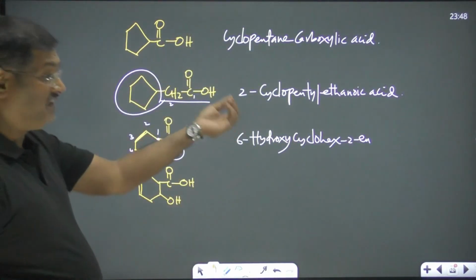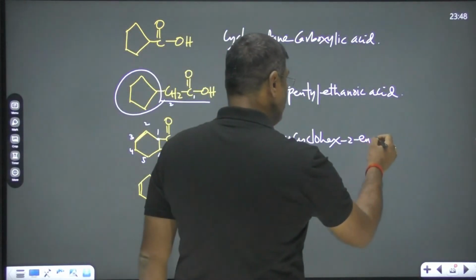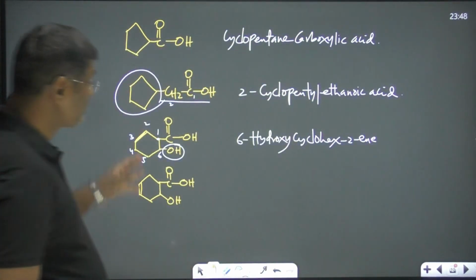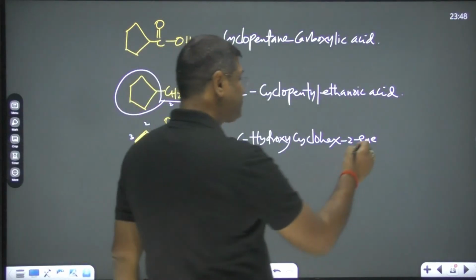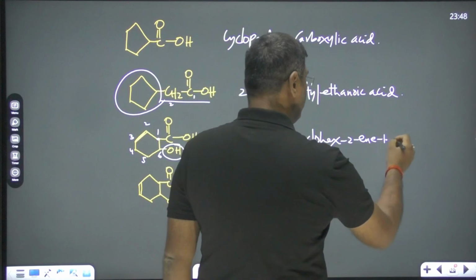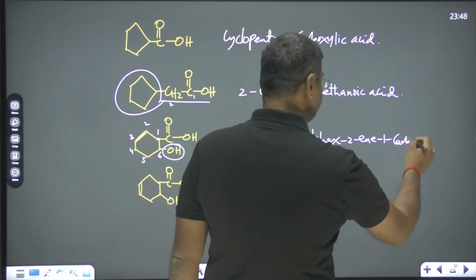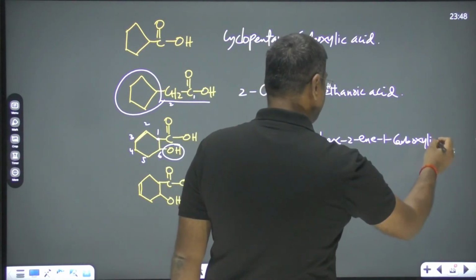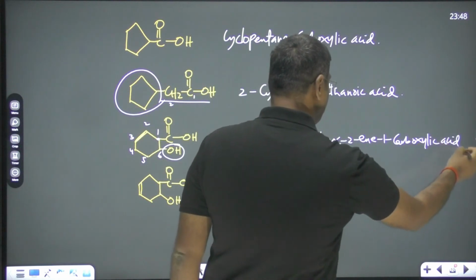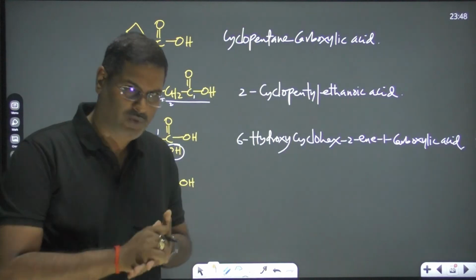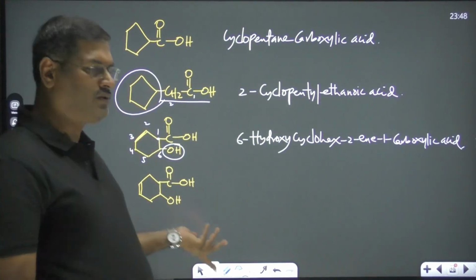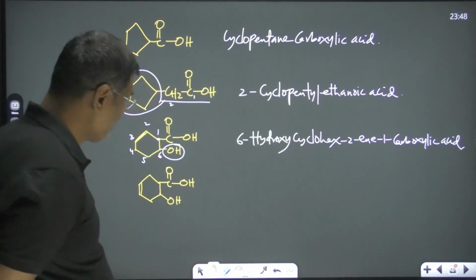We write e because we are not going to use oic acid. The COOH group is there, so carboxylic acid, 1-carboxylic acid. It looks nice, that's why I have given the 1 there. If you write carboxylic acid there, no problem, right?